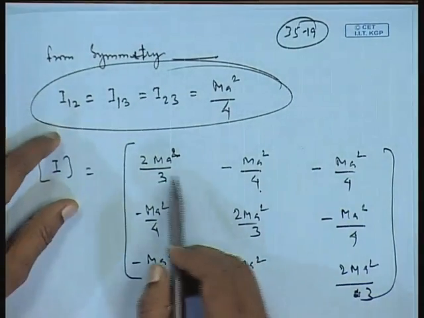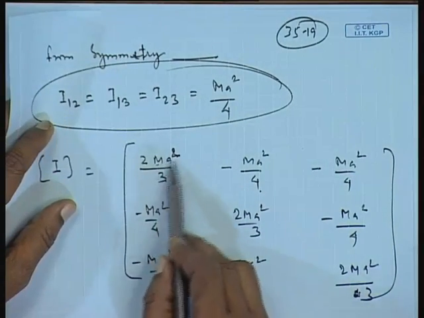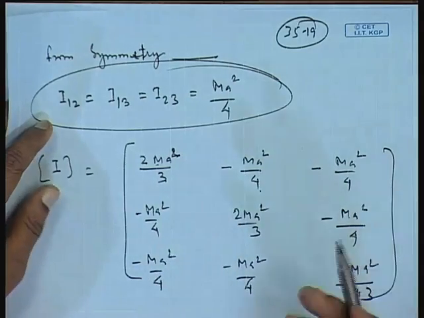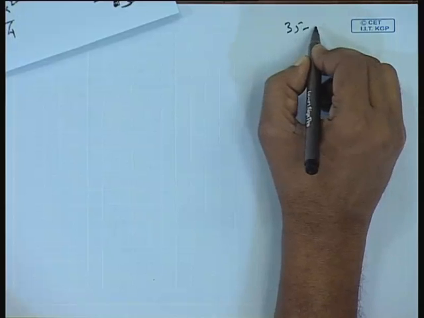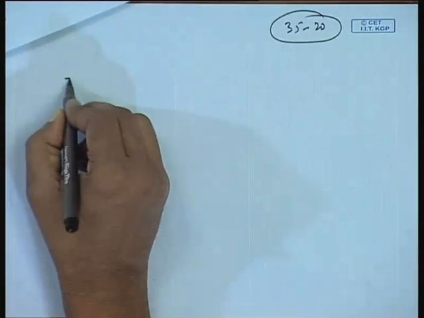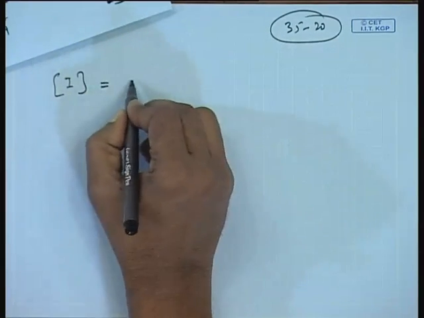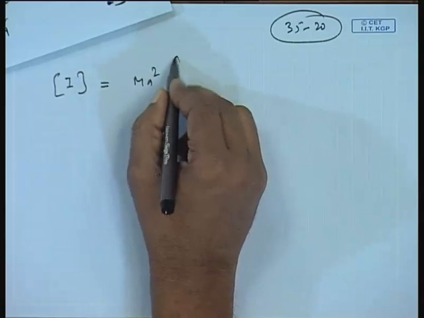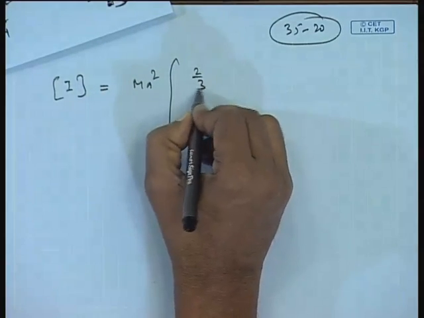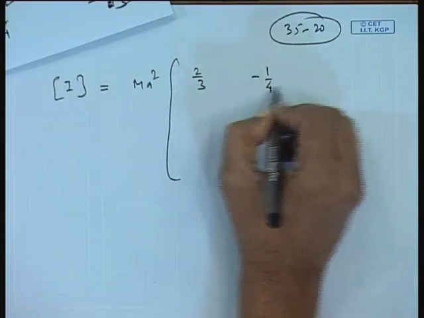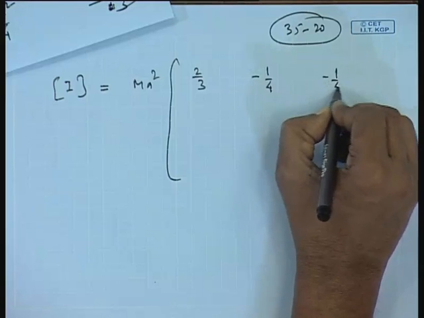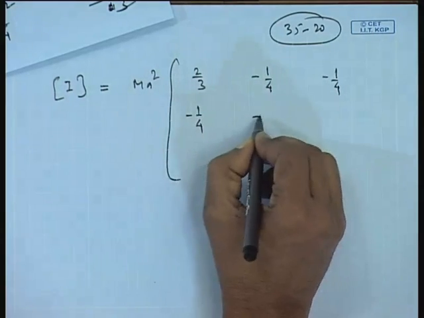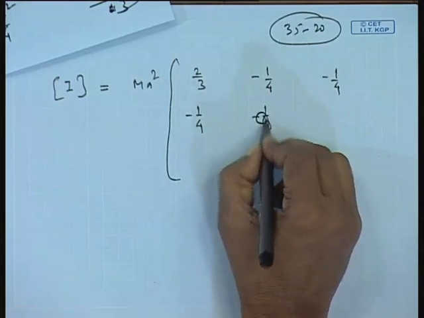Now, obviously, here you can see that m a square is common everywhere. So, for mathematical simplicity we can take this out as common. So, I can be written as m a square, 2 by 3, and this is minus 1 by 4, minus 1 by 4, and this is 2 by 3.